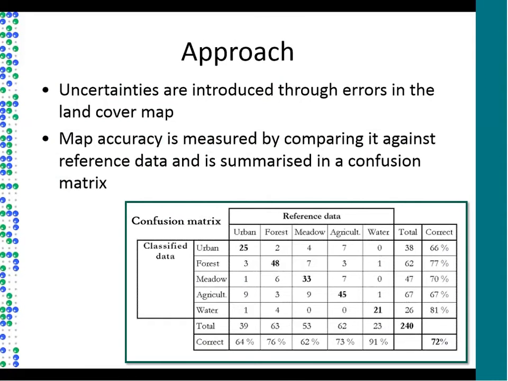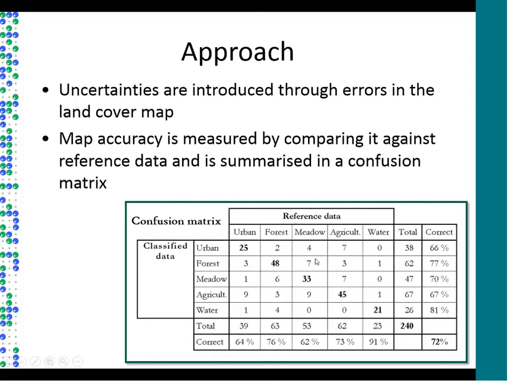So our approach to answering this question was to have a look at the effect image spatial resolution would have on the accuracy of the resulting land cover map. When you think about mapping accuracy, the standard methodology we use in the remote sensing community to establish the mapping error is by using a confusion matrix.